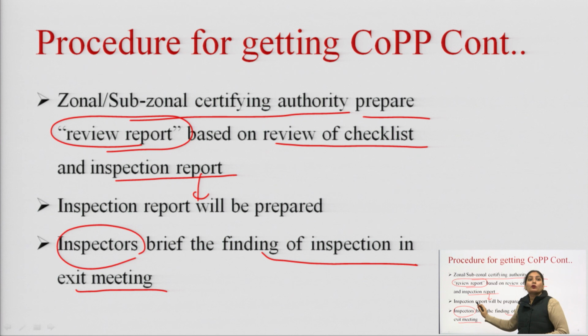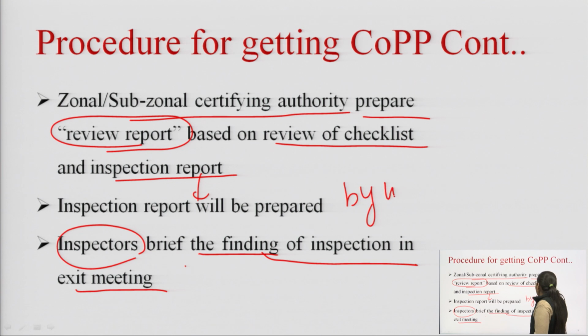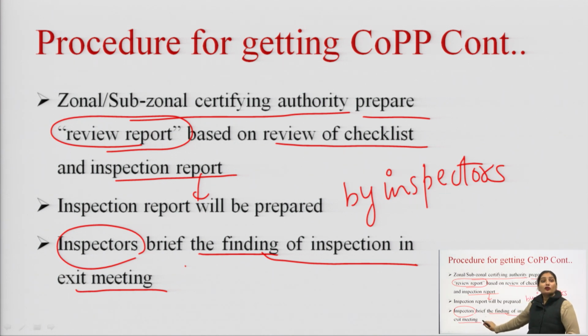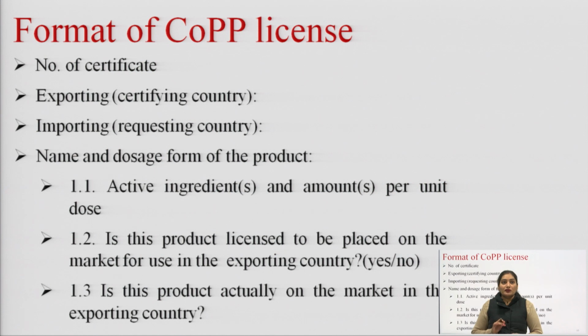The inspection report will be prepared by the inspectors, and the inspectors also brief the findings of the inspection in the exit meeting, and on the basis of this review report the DCGI will recommend the issue of the COPP license.